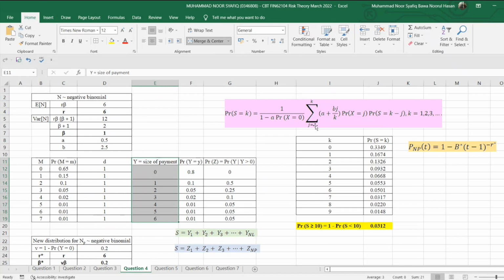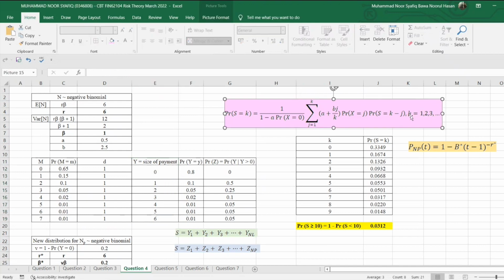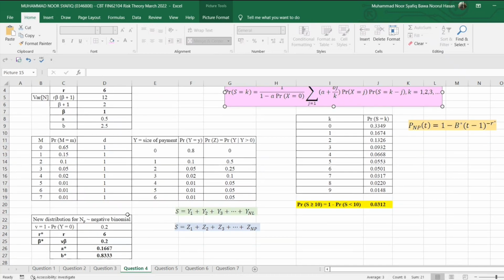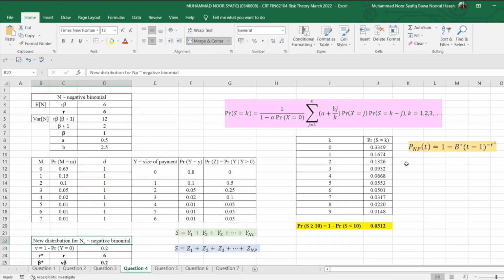So our j will only work from 1 to 6 because k always starts from 1. So in order to find the probability of S equals to 0, we will be using the PGF formula of negative binomial distribution to compute the probability S equals to 0.